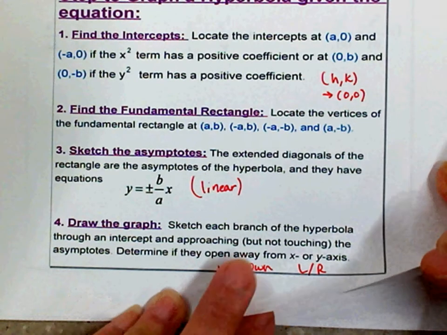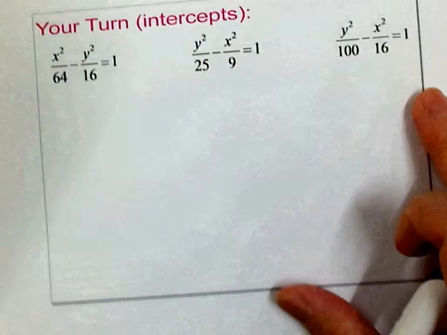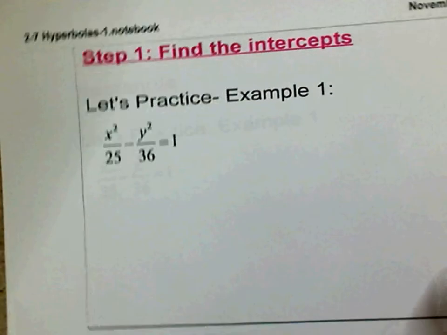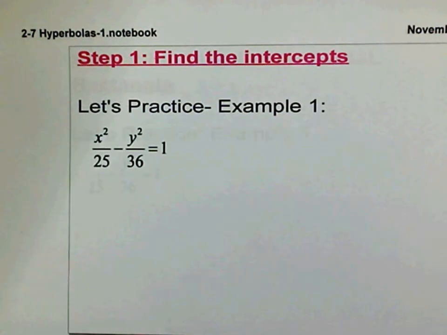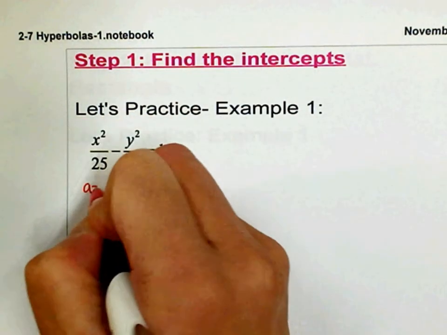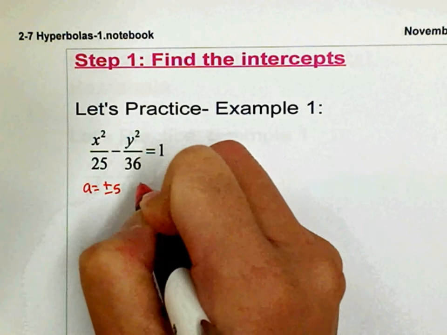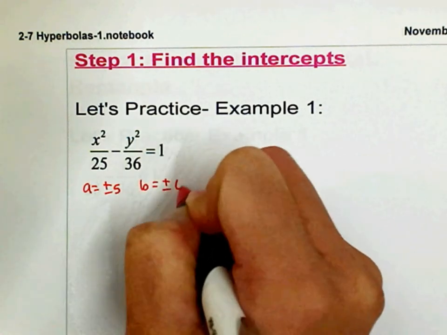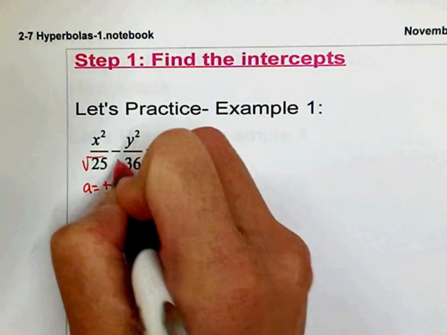All right. So let's go ahead and practice. Let's learn how to find the intercepts first. Notice the intercept is your a and your b. A is always under x, so a is plus or minus 5. Your b is plus or minus 6, because you take a square root, okay?